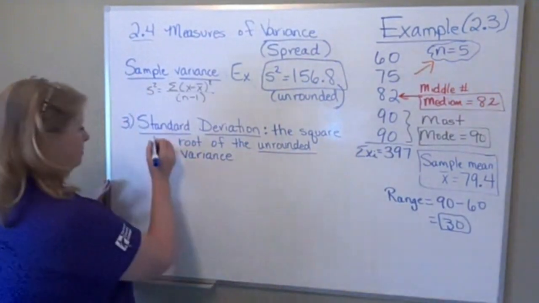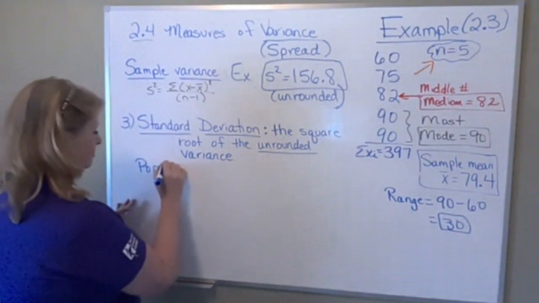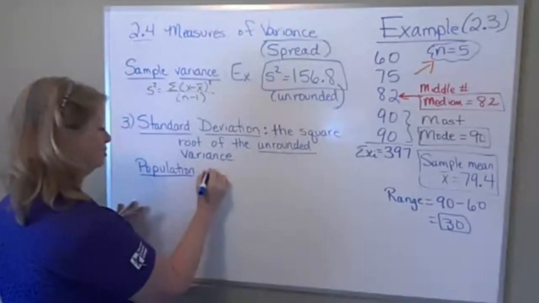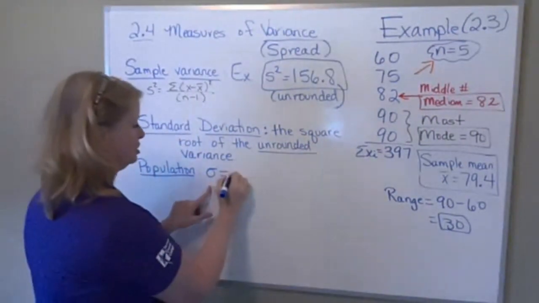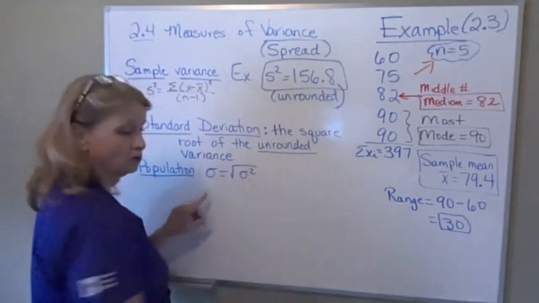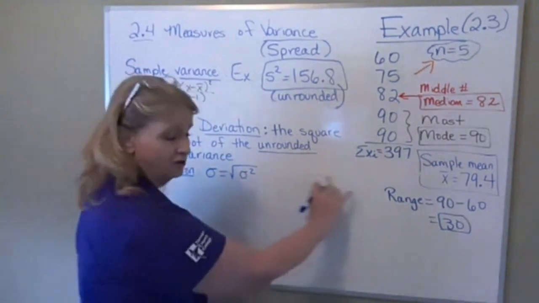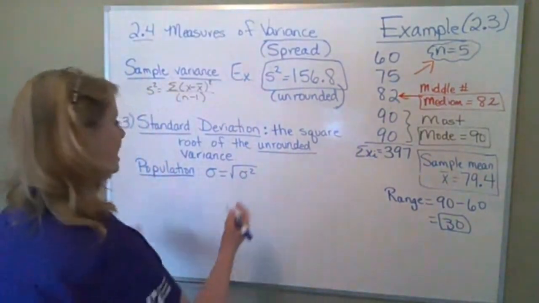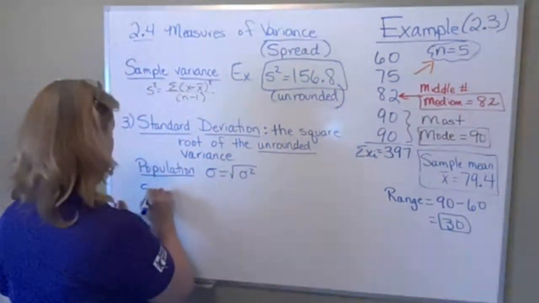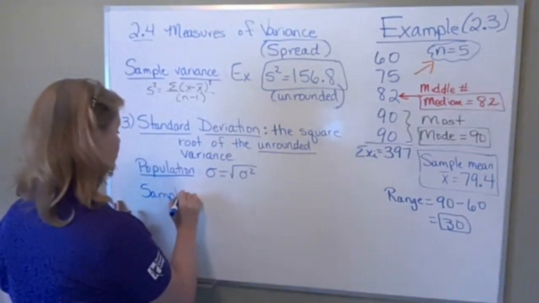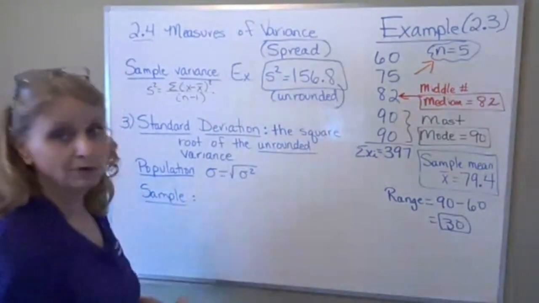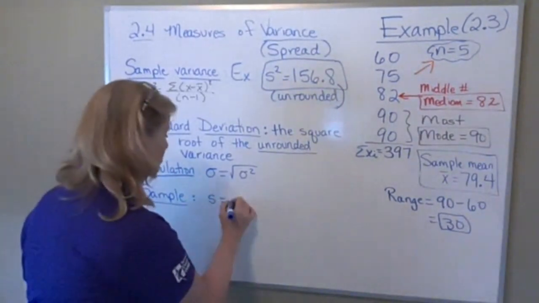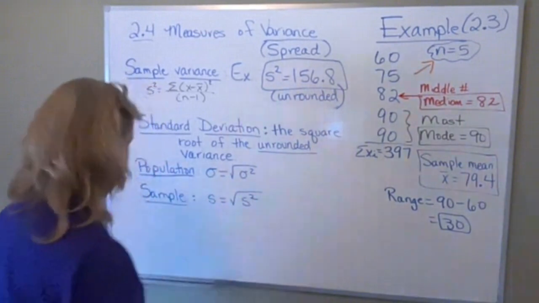So, for example, for population, the population standard deviation is lowercase sigma, which is just the square root of sigma squared. You'll see a lot of other stuff on the formula sheet, but that's because it's just a repeat of the formula for sigma squared. And then for the sample standard deviation, that's just a little s, and it's the square root of s squared.